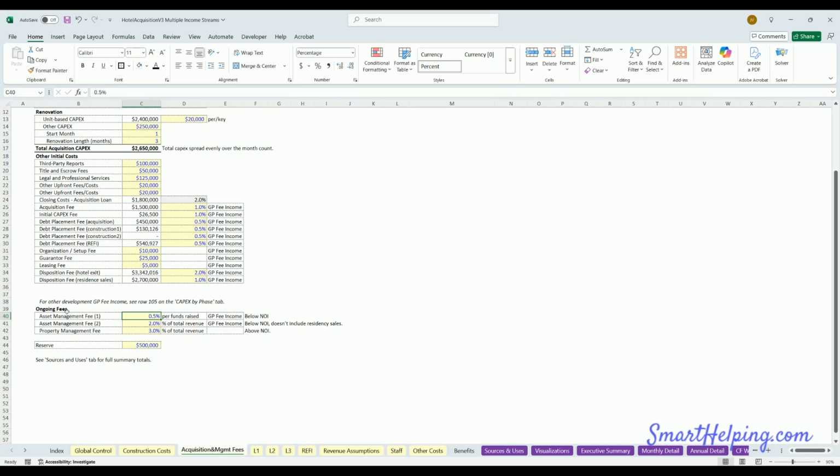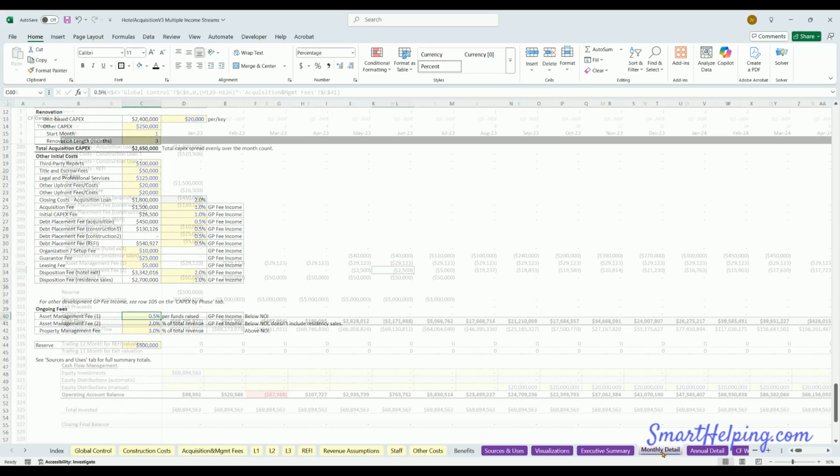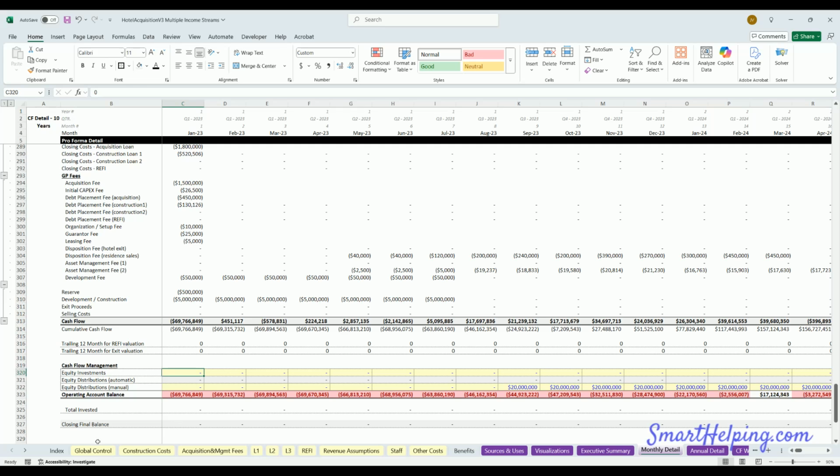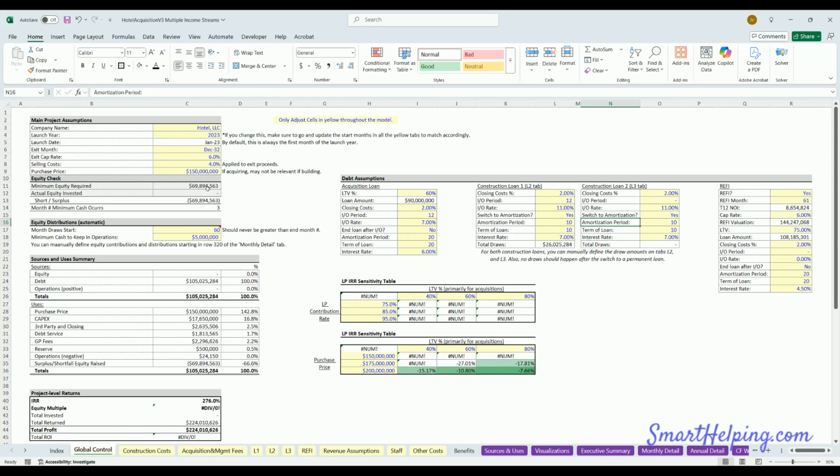Now remember, our minimum equity required is based on the current assumptions, but if you were to raise this and then make your asset management fee based on this percentage of this, you are always going to have a little bit higher. So, for example, let's zero this out and say we've got a minimum cash required right now of 69,894,000.